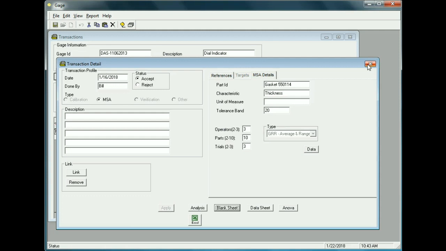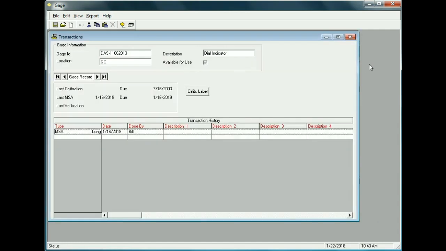So just to illustrate that little possibility of using your tolerance band instead of total variation, we'll close this transaction detail out. And we can see that we've got in the transaction history our long, or what used to be called long, it's really the average and range approach, and the date that we did it and who did it.